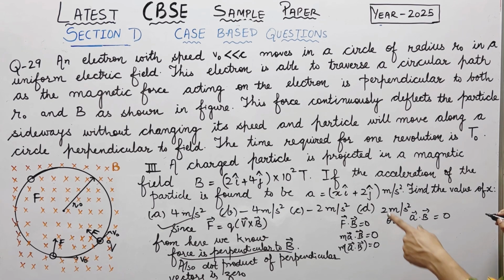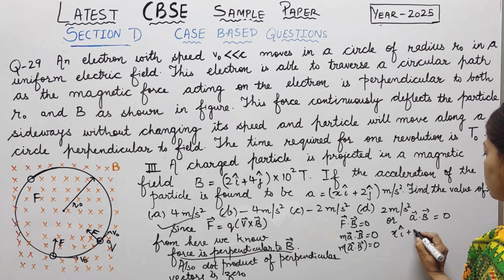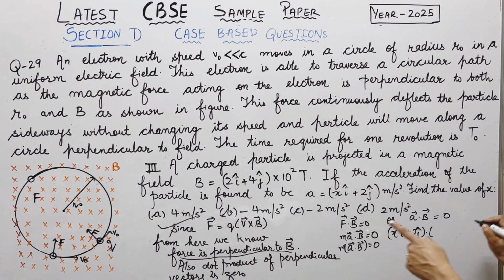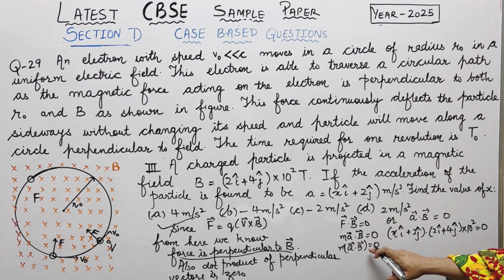Now I'll put the values of acceleration. This is (x i plus 2j) dot (2i plus 4j) into 10 power 2, equal to 0. Like mass, this 10 power 2 can also be taken outside.